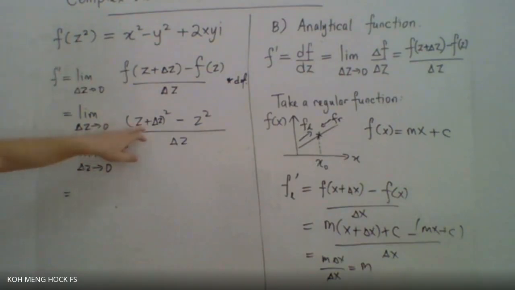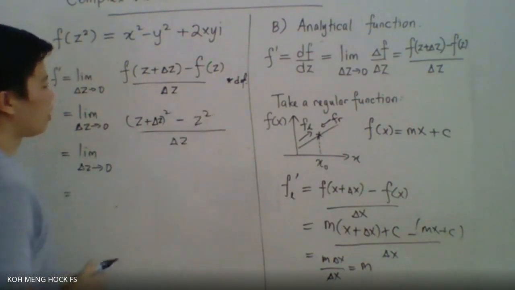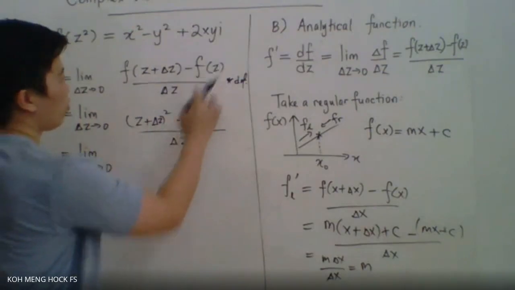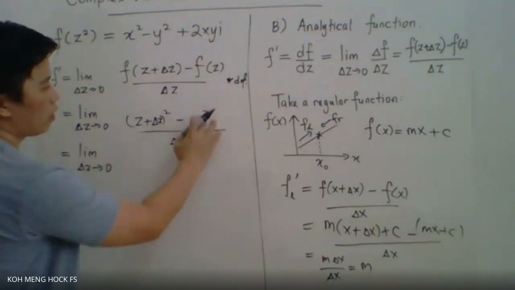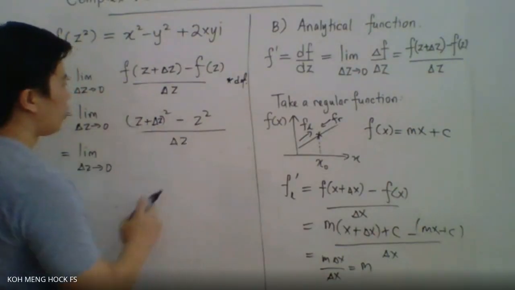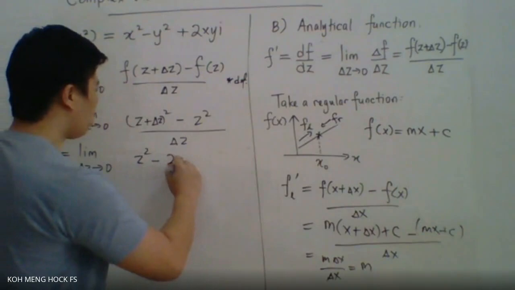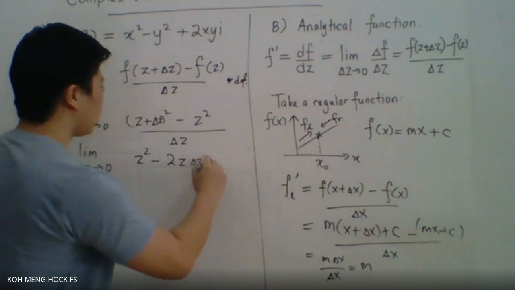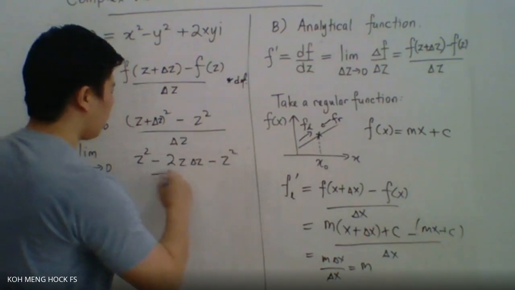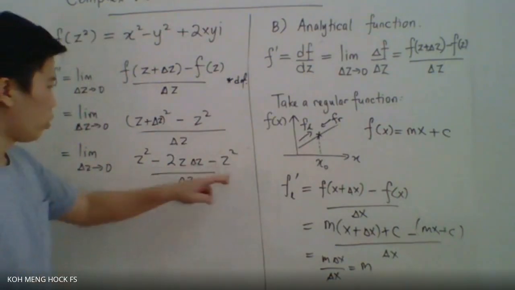So I have z plus delta z, then I have to take it squared. Okay, so now this minus z squared is coming from here. Sebab my function yang asal ialah z squared. So here z squared and z squared will cancel, right?